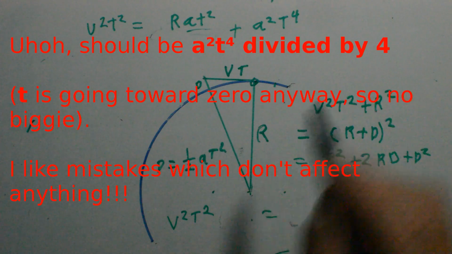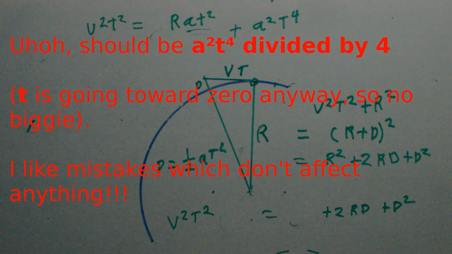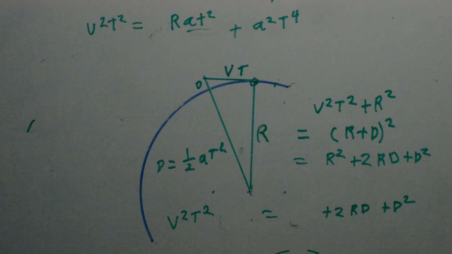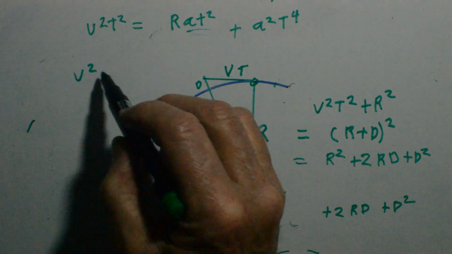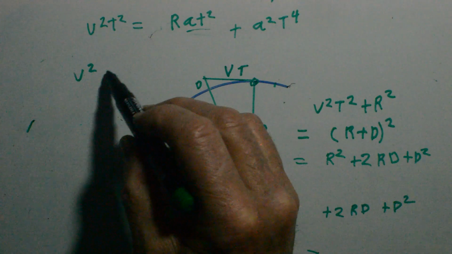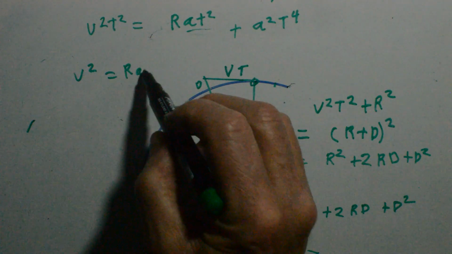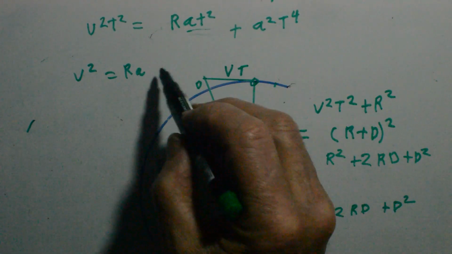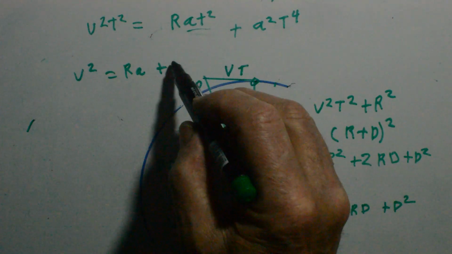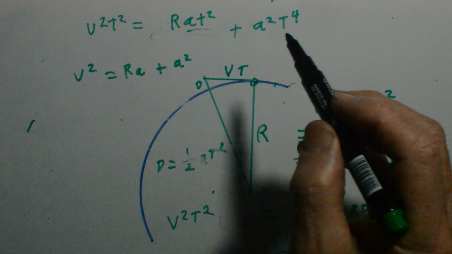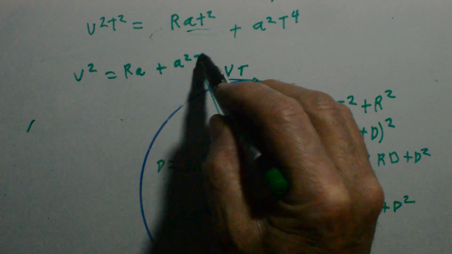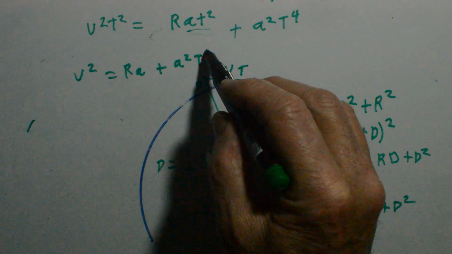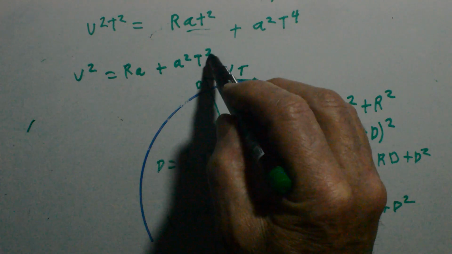And if we do that, we have v squared equals ra plus a squared t squared.